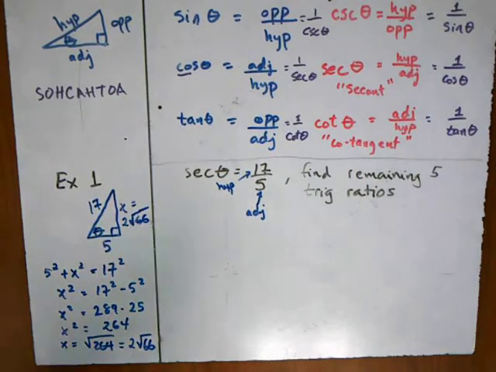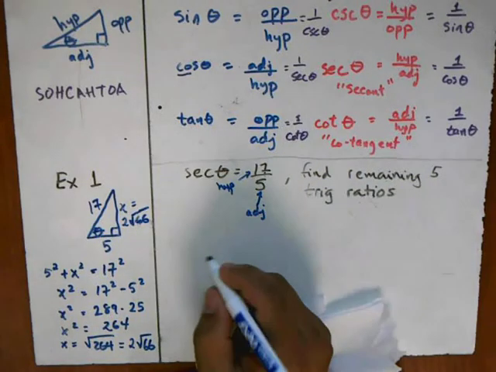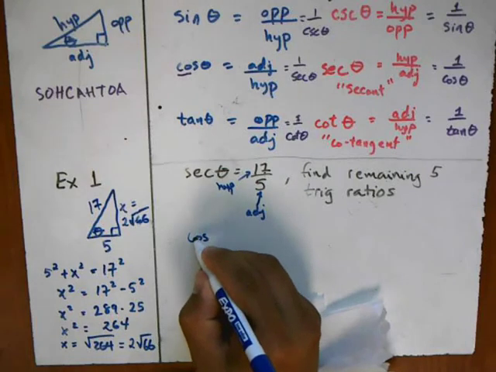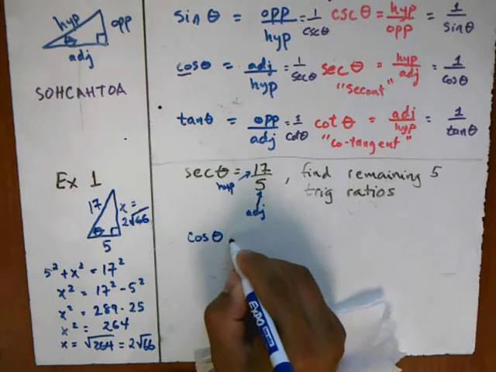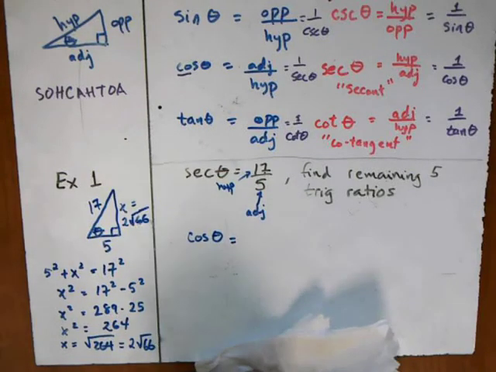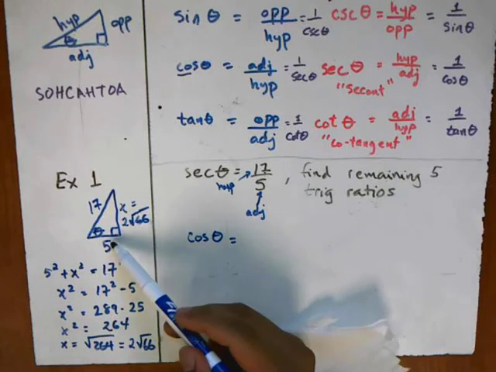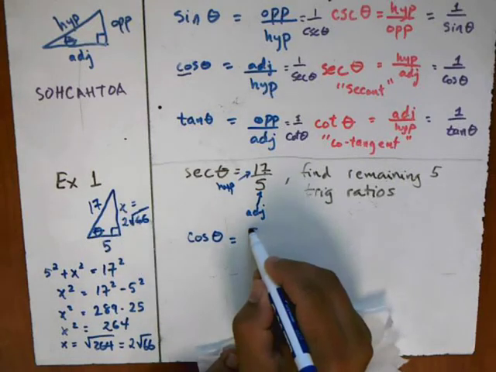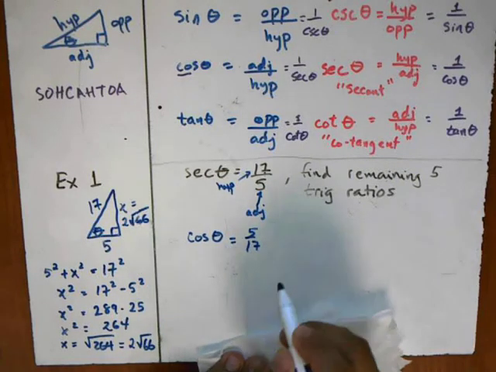And really this is the hardest part of the work here, because once you get the picture all drawn out and figured out, we can basically just use that picture. Okay. So let me start. Since it gives me secant, probably the easiest thing to do here is to find cosine, because cosine and secant are reciprocals of each other. So cosine is adjacent over hypotenuse, so that's just 5/17.